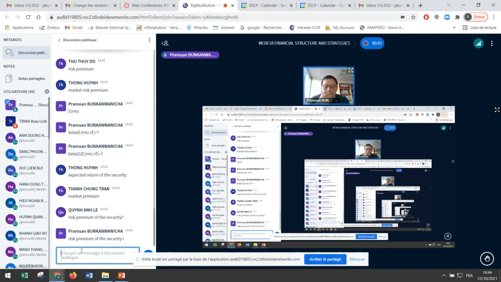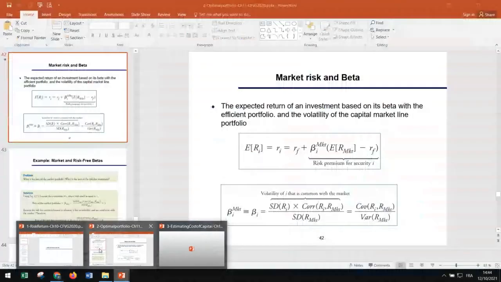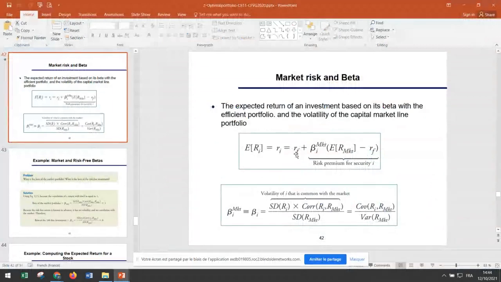You can simply add the RF, right? So if I take the formula, you can see you have the RF plus beta I multiplied by ERM minus RF. It's the risk premium for security I plus RF. You're going to get the expected return of the RI.